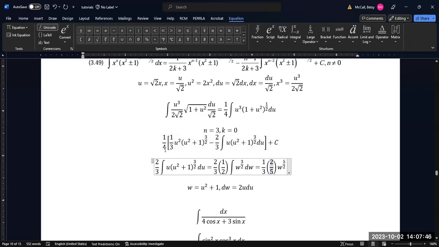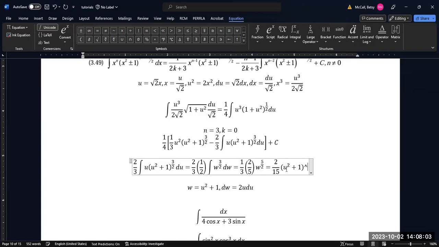And we already have the plus c up here. So if we go back and replace w with the u expression again, we're going to end up with 2/15 times u squared plus 1 to the 5/2.